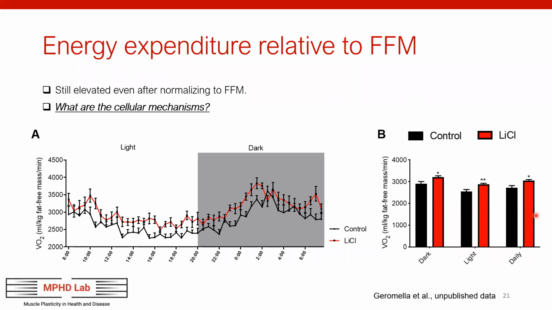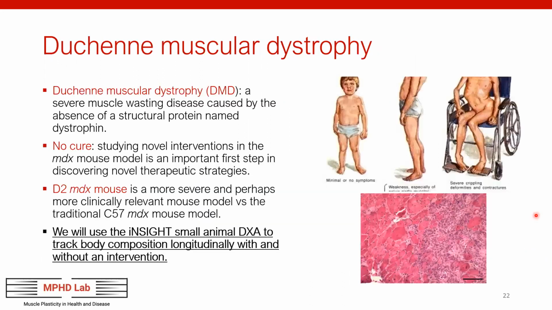So this tells us that if energy expenditure is still increased relative to fat-free mass, then there might be a cellular mechanism underpinning this. And we've got a few things in the works, and we're excited to say that we'll be submitting this for publication in the next few months, but I'll leave it there for now.